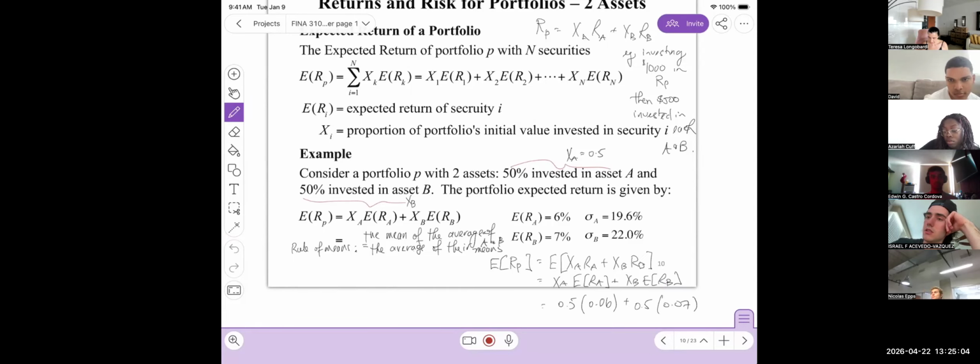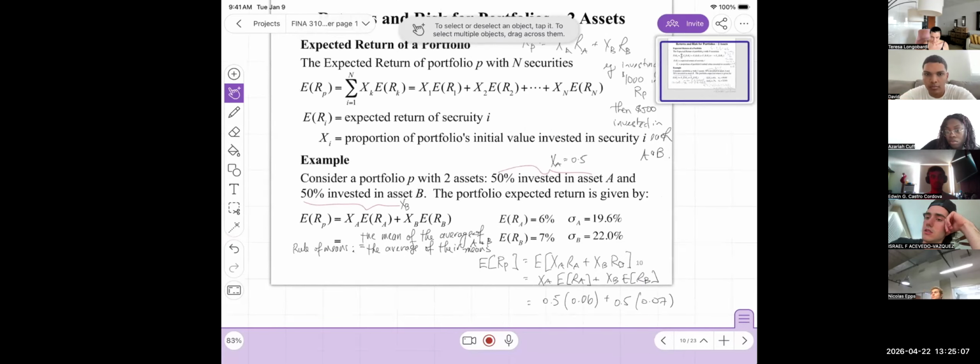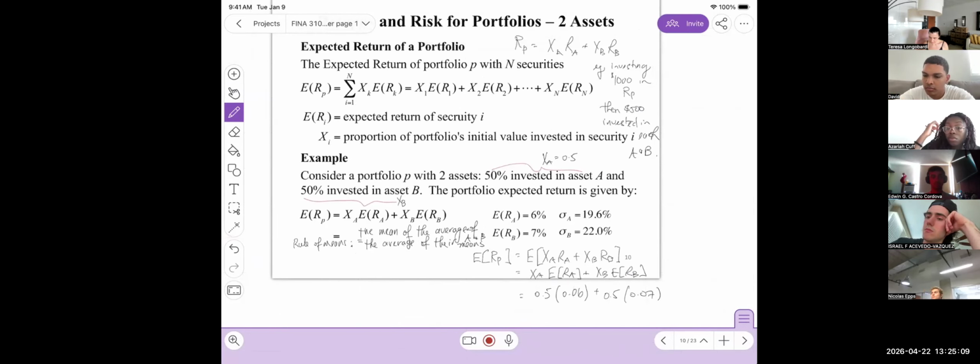That's right. Because of doing it this way, it's just like 6 plus 7 divided by 2, right? Because it's half and half. So it's right in the middle, 6.5%. Is that okay with everyone? Did I skip any steps there? Okay, that was not hard. That was the easy part.